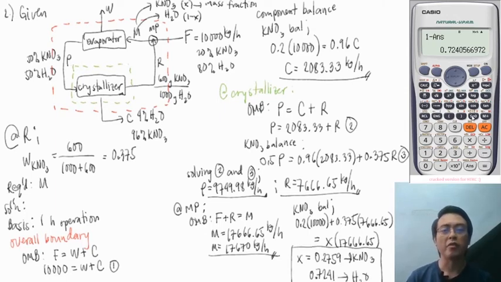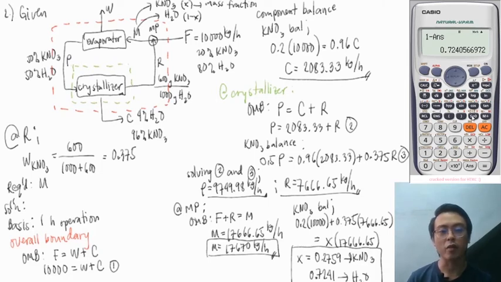Okay, so we have determined the mass fraction. We have determined the flow rate of the mixed feed. We have also determined its composition. So this is how you approach a recycle problem. No?